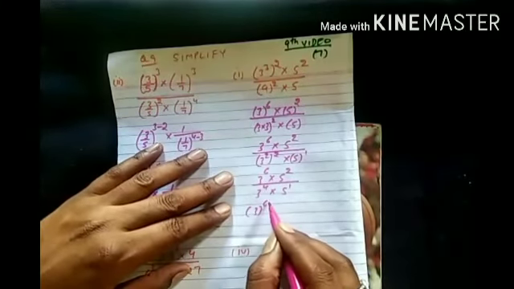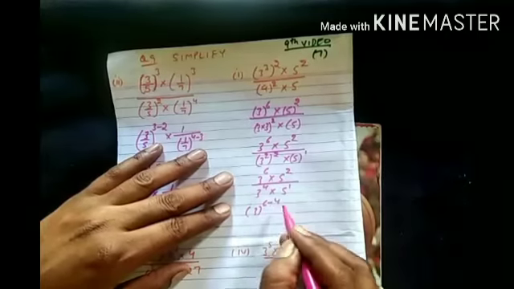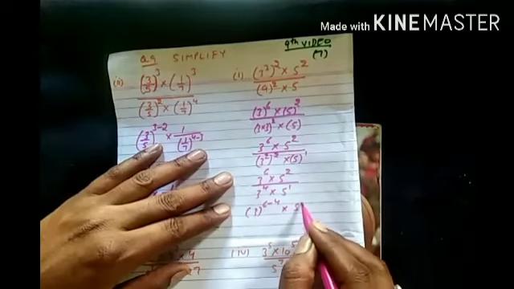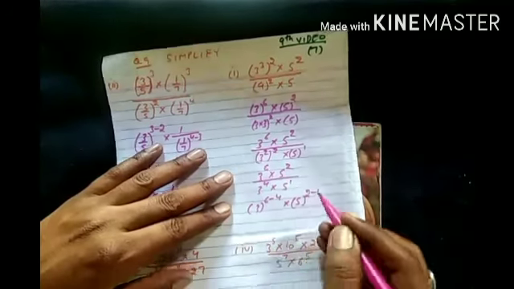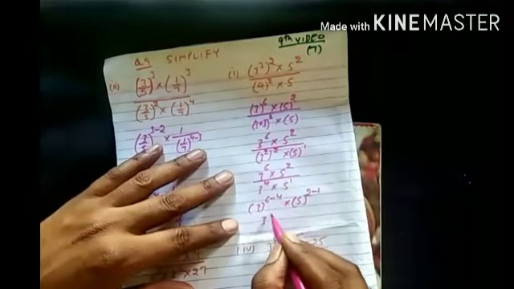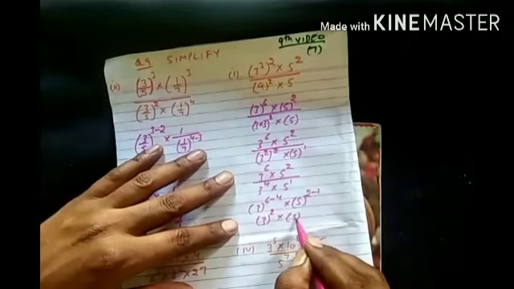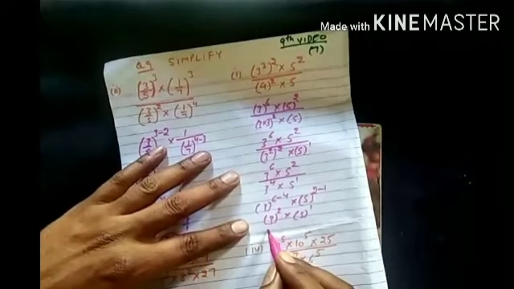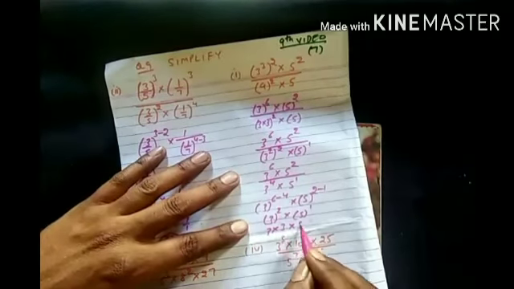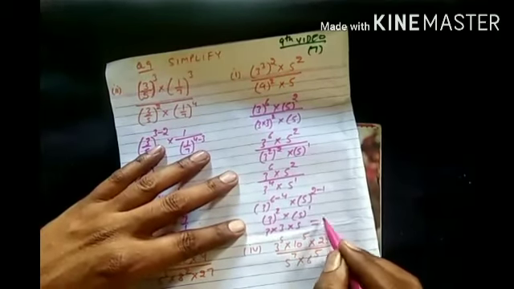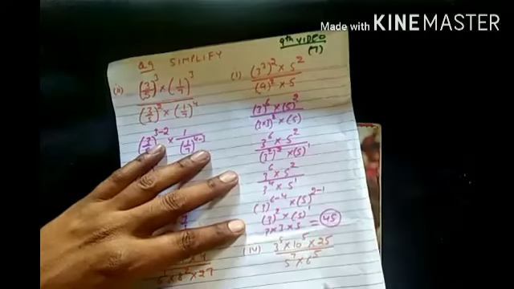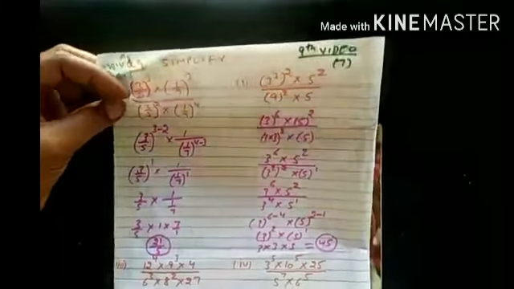We will write 3 in the base and subtract the powers. 2 minus 1, that is 2, and that is 1. 3 multiply 3 multiply 5. Now 9 fives are 45. In this way we can find the answer.